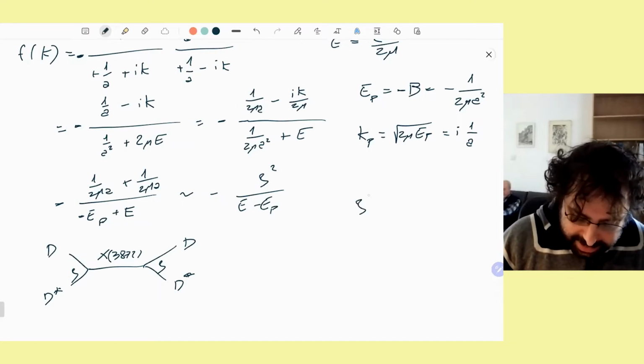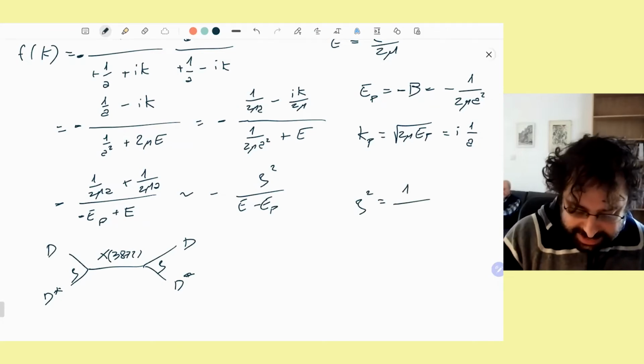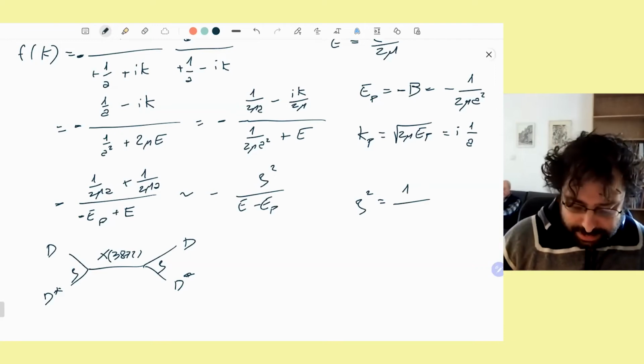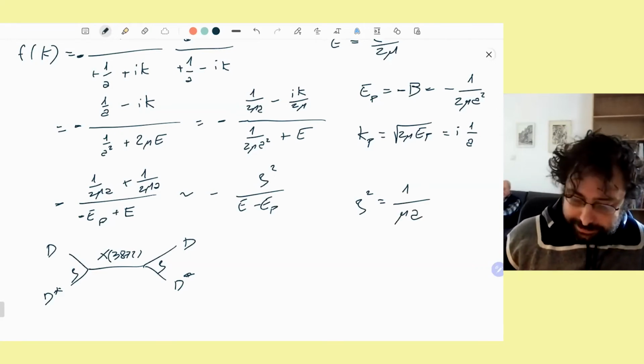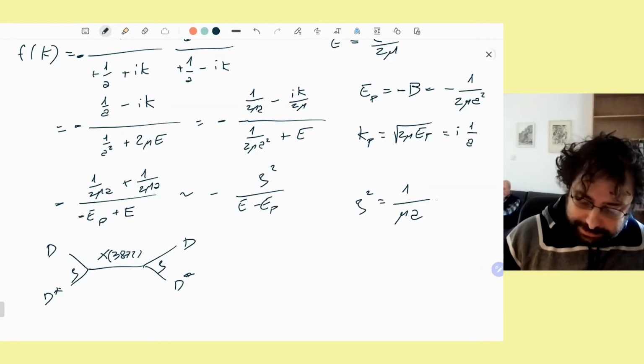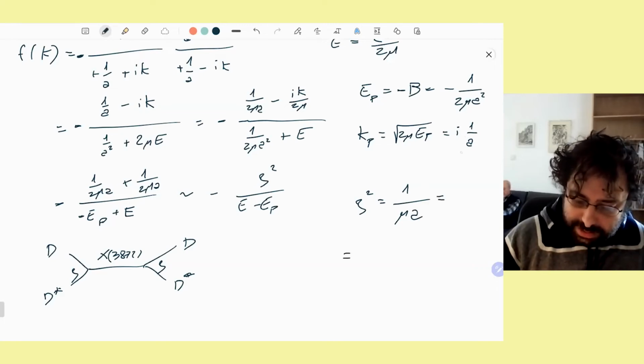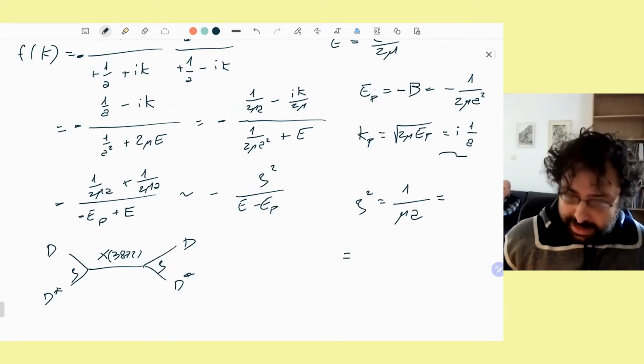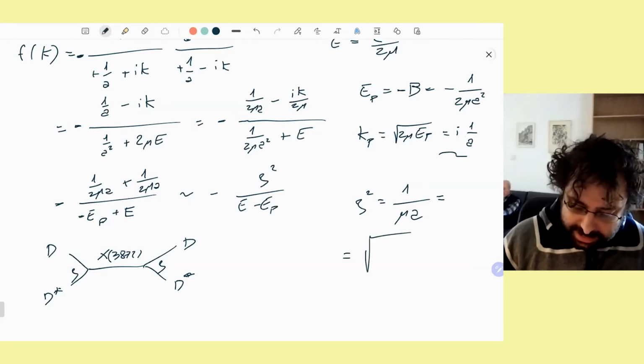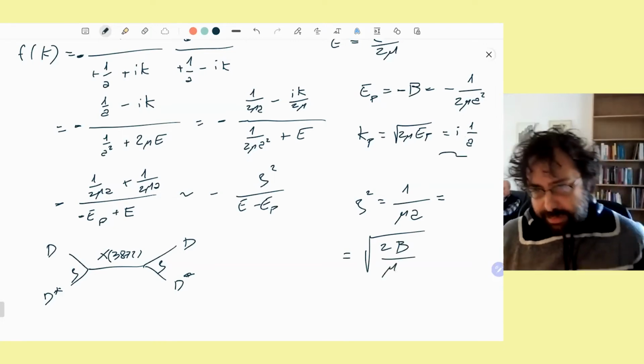And what I'm getting then is that this g squared is twice 1 over 2 mu a, so it's just 1 over mu a. And if I use these relations above here, I'm getting that this is twice the binding energy over mu.